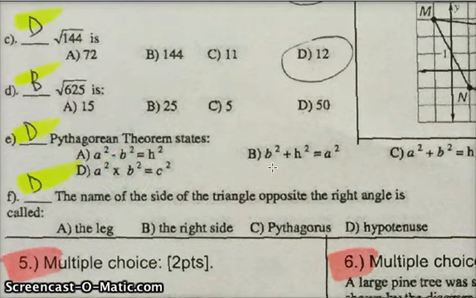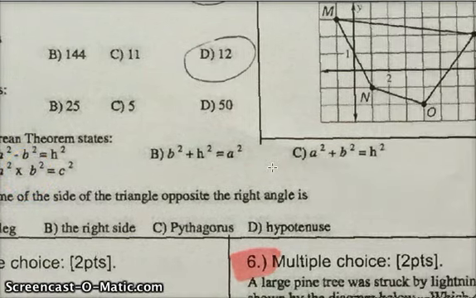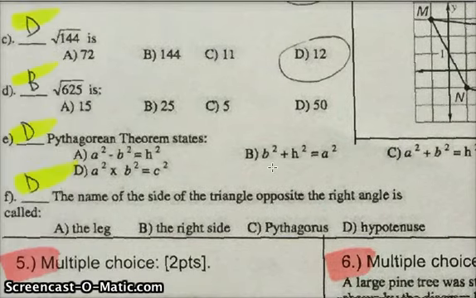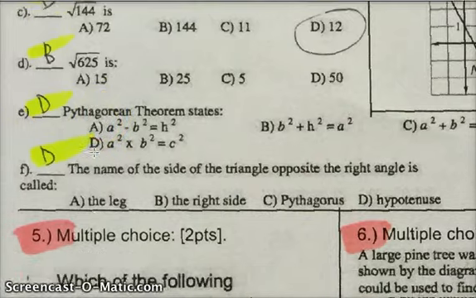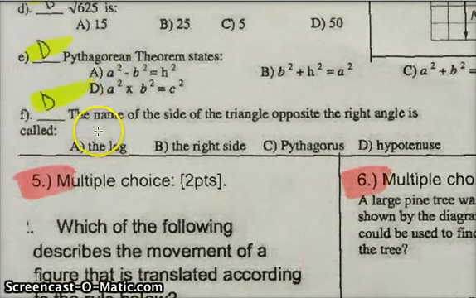I'm probably going to throw that question out. So I'll change on Aries to make it out of maybe 42. I would have chosen C as the best answer. H for the hypotenuse, but that could have been ambiguous, so I'll throw it out. F, the name of the side of the triangle opposite the right angle, that's called the hypotenuse.